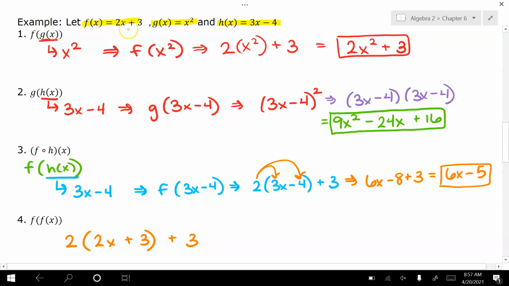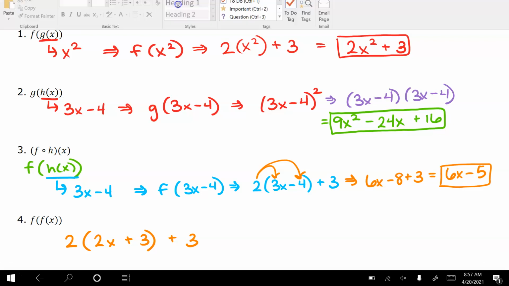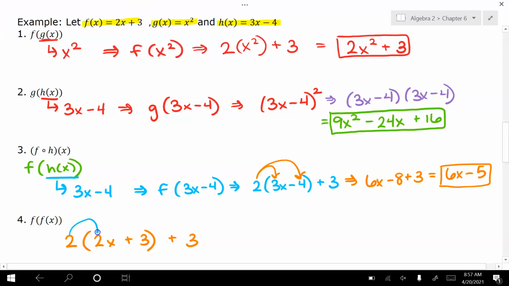Because I took that whole quantity, 2x plus 3, and I put it in for just the x in itself. So again, I'm going to have to distribute. Take 2 times 2x, 2 times 3. That gives me 4x plus 6 plus 3. And then we combine like terms, so it's going to say 4x plus 9.